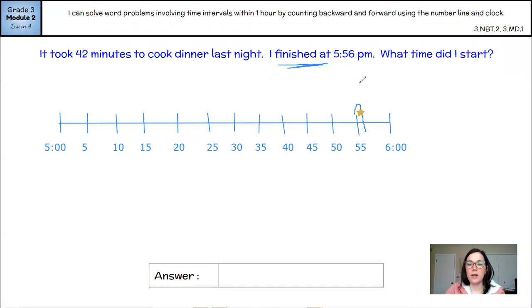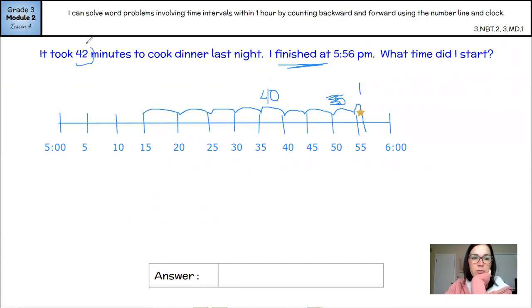So I'm going to go 1, because I only have a 1 minute increment here. 5, 10, 15, 20, 25, 30, 35, 40. So I'm just going to go ahead and write 40 for these jumps. So 40 plus 1 is 41, but I have to get to 42.